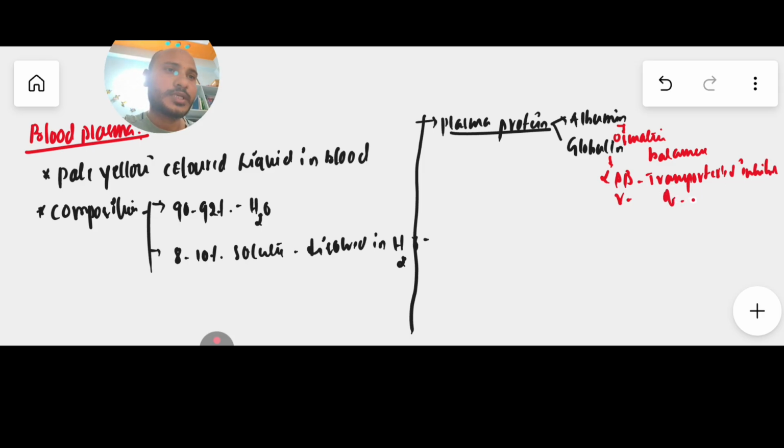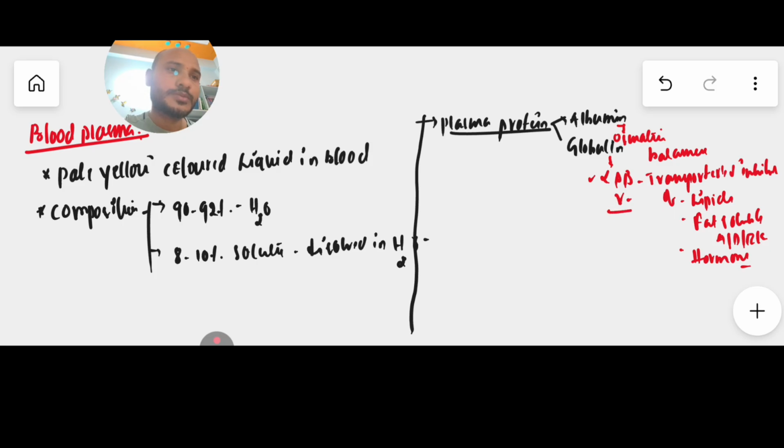They carry lipids and fat-soluble vitamins like A, D, E, K, and they also transport hormones.